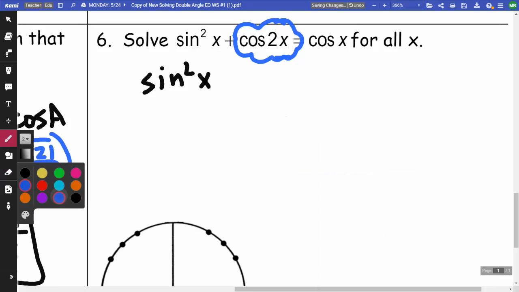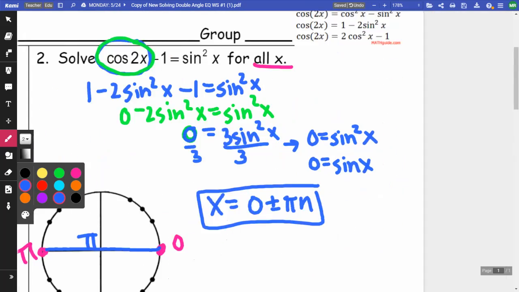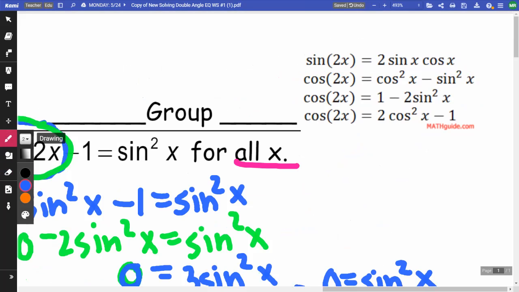In place of my cosine squared x, I am going to be putting cosine squared x minus sine squared x. So again, that was from here, and it's also at the top of our page. Let's see, it's this one here. That's the one I'm going to use. That one right there. Okay.